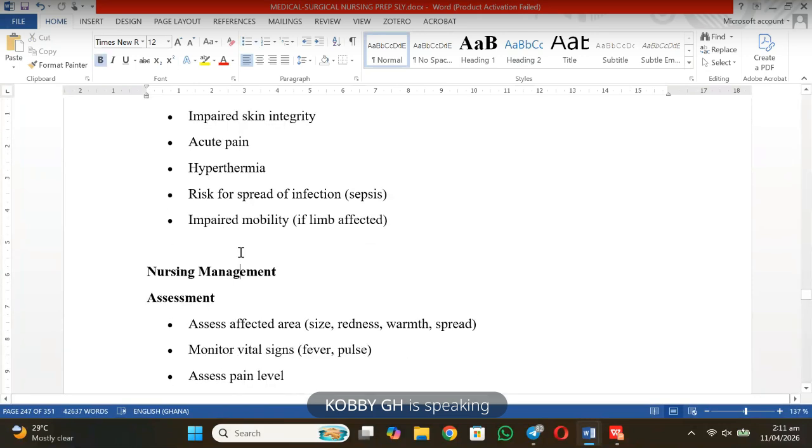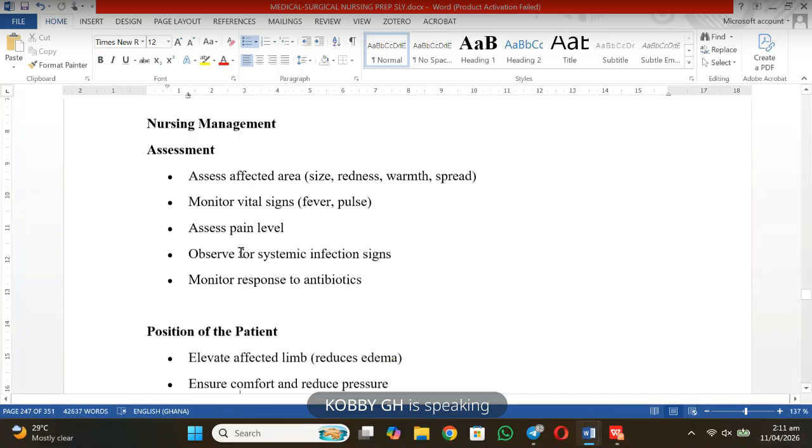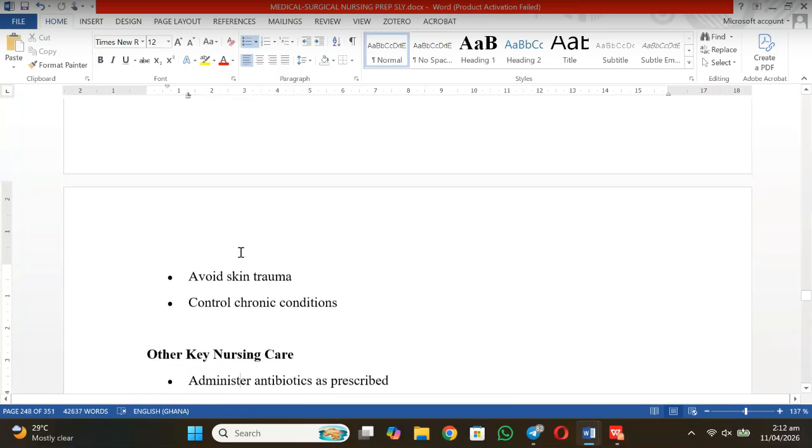Now, the same thing. If a patient is having cellulitis, the preferential diagnosis is acute pain and impaired skin integrity. Okay, good.